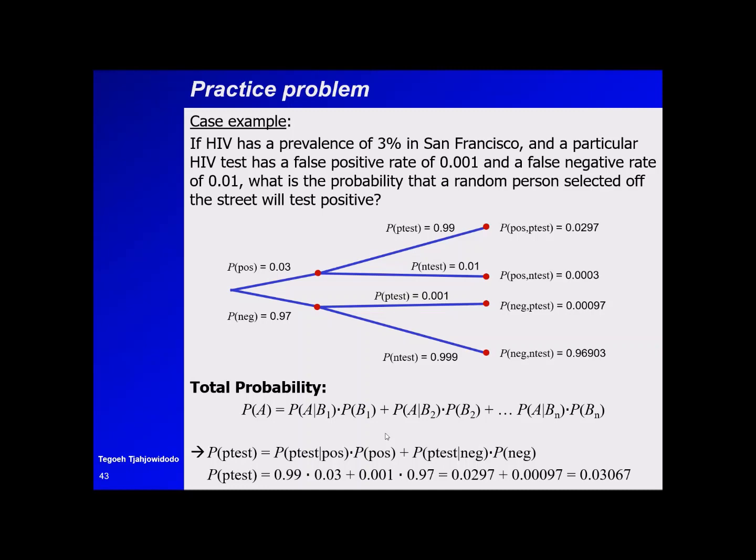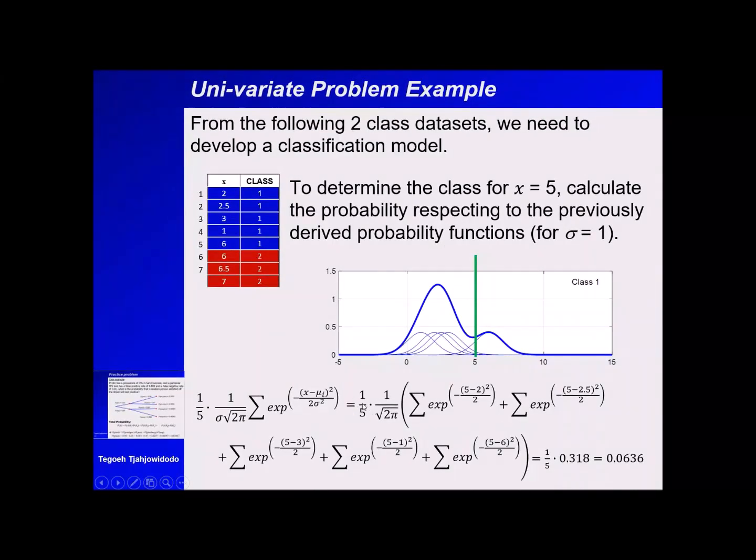So basically then 1/5 is the individual P(B1), P(B2), P(B3), P(B4), and P(B5) in our case here, which basically is this area normalized by the total number of 5.